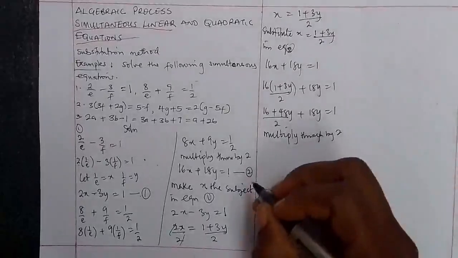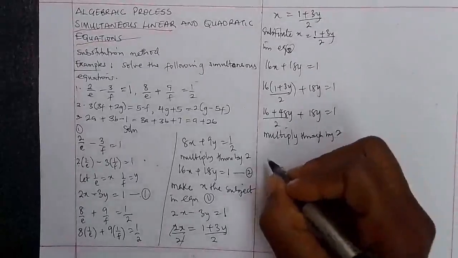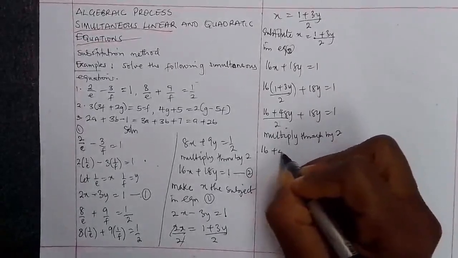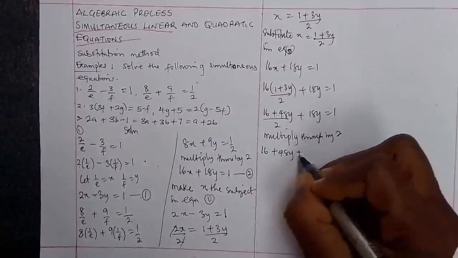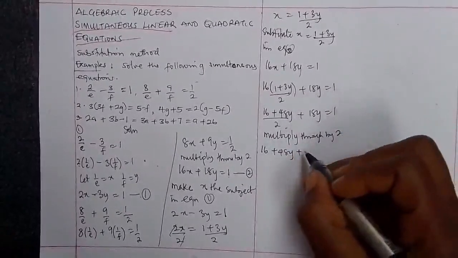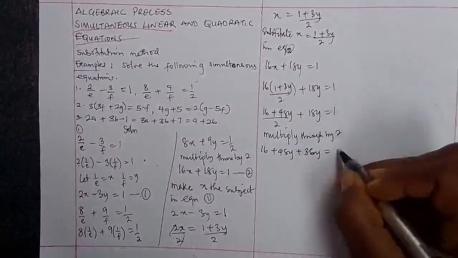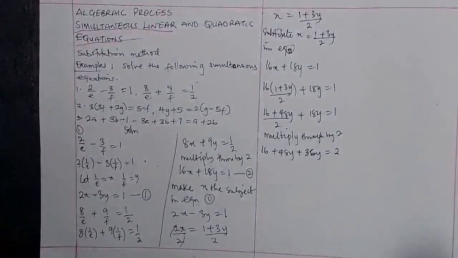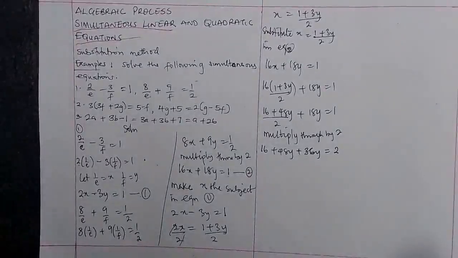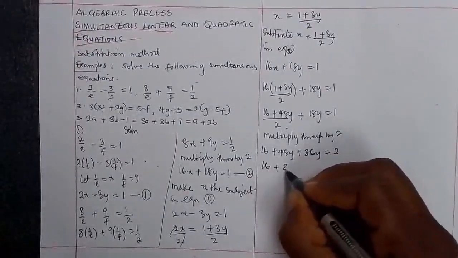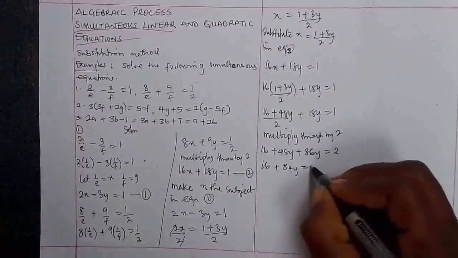So now multiplying through by 2, what we have is 16 plus 48y plus 2 multiplied by 18y, that's 36y, is equal to 2 multiplied by 1 is 2. From here we have 16 plus 84y is equal to 2.